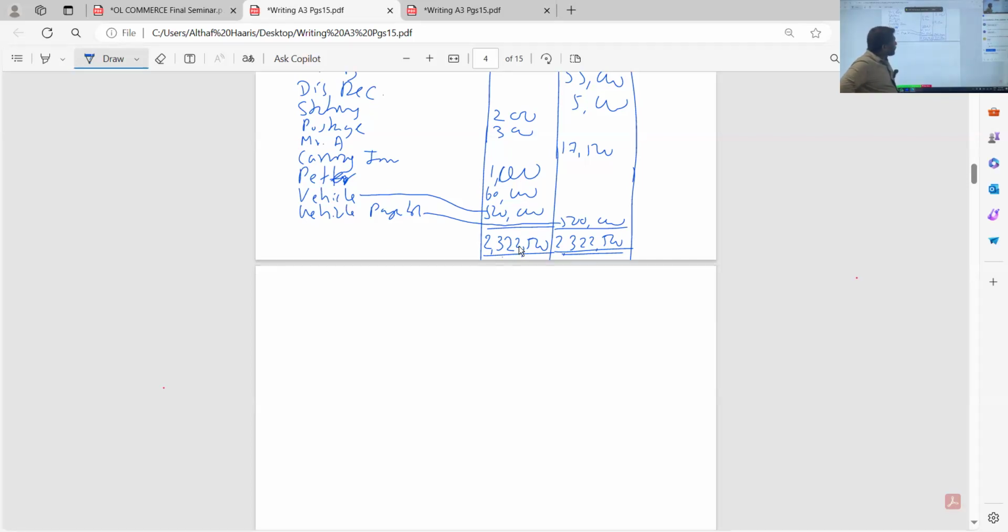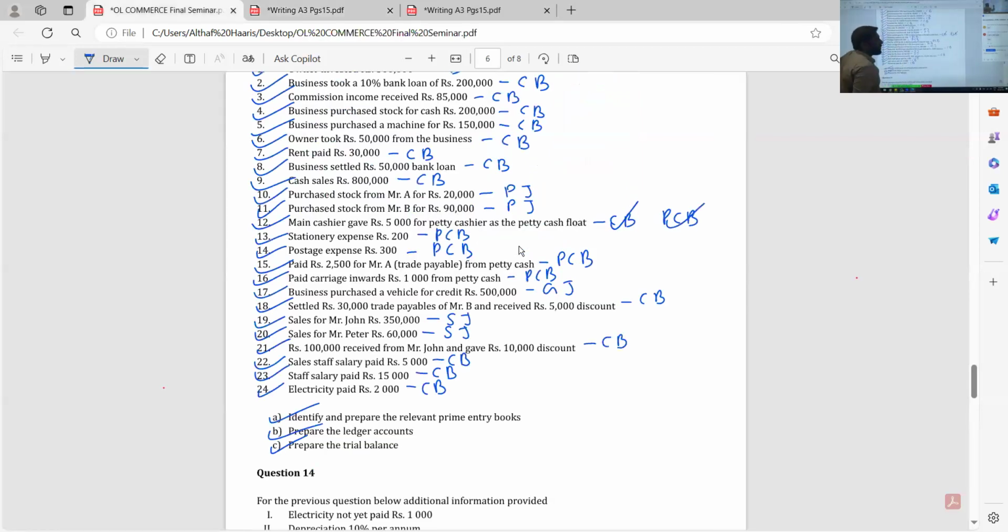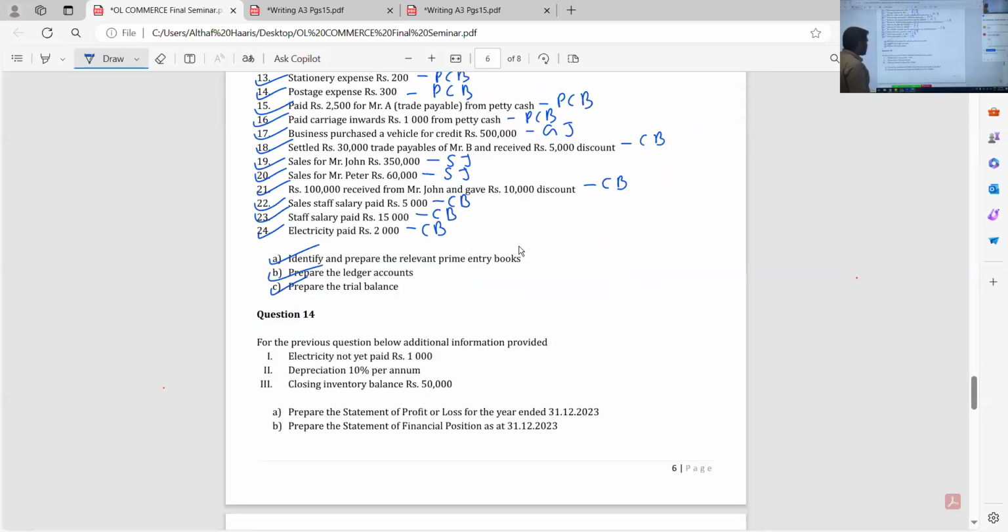Only one, two, okay, three. Normally what I suggest, people, is to do the adjustments in the trial balance itself. If you do the trial balance properly with the adjustments, most of the time your final accounts will get balanced for sure. In this question, I have given you 3 adjustments.